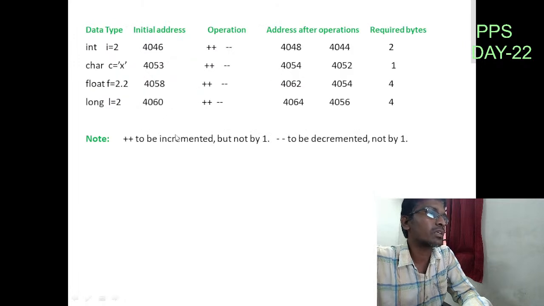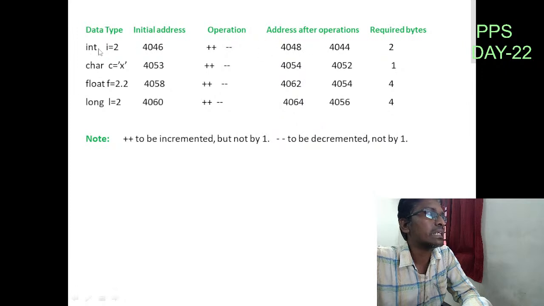Now what about pointers? For example, I am using the data type int, I is equal to 2, and the initial address of I is 4046. So this is the memory address 4046. That is the initial value, and after applying a plus plus operation, it will be incremented to 4048.